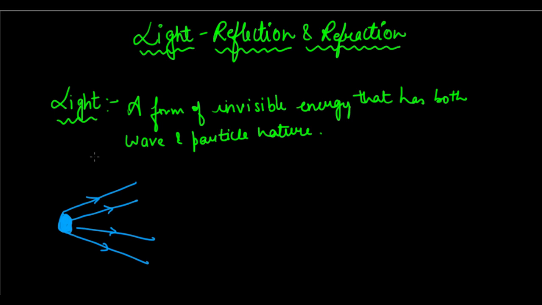Even out of a small hole in a dark room, you can see that light is coming out from there, from the outside. Well, you're not seeing light, you're seeing the basic traveling path of light. You're not seeing light as a substance. That is the path traveled by light, which is getting illuminated, that you're able to see. It's not light which you're able to see. That is why we say that light is an invisible form of energy.